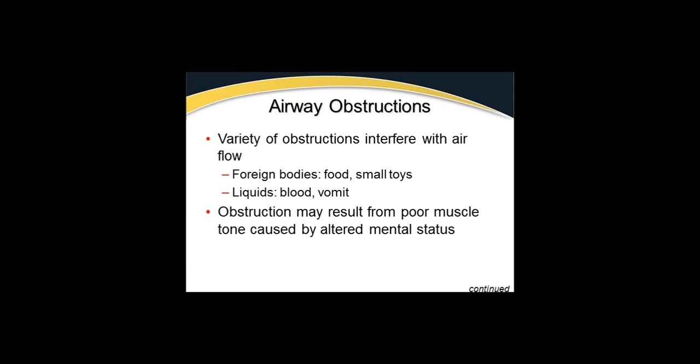In kids, it tends to be foreign bodies such as toys or other things that they've found and just decided, hey, that fits in my mouth, I'll put that in there. Of course, food is very common as well in kids, and in adults it's normally food. When we're talking about foreign body airway obstructions in the adult, it usually has to do with a mind-altering substance as well.